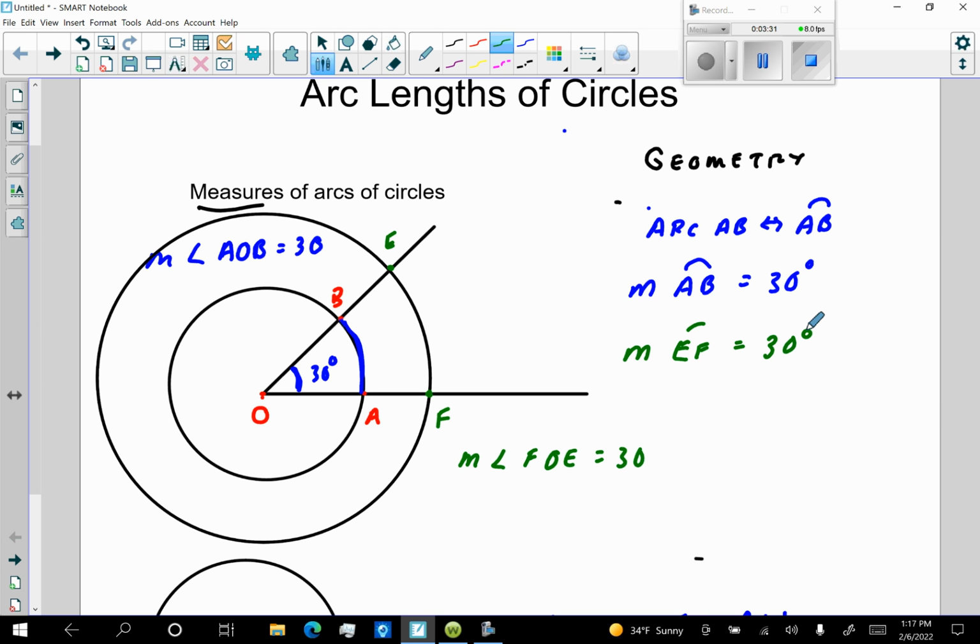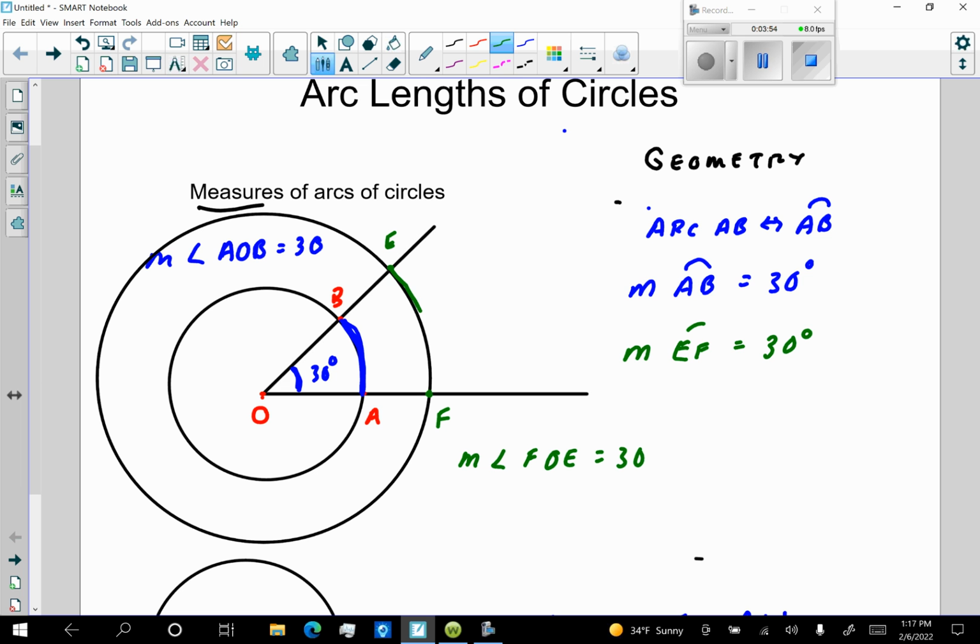What I'd like to point out here is that the lengths of these arcs are clearly different, because if I talk about length as a distance, this is the length of AB. The measure of AB is 30. We don't have a formula for the length of AB yet, but we will.